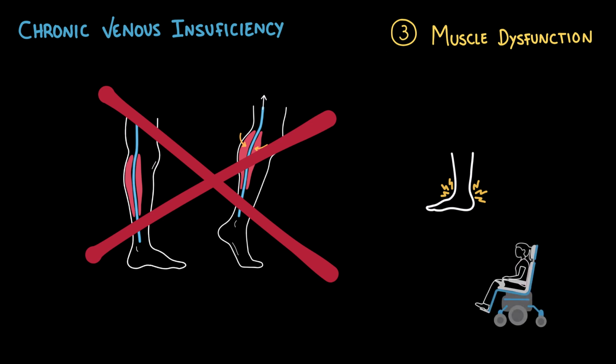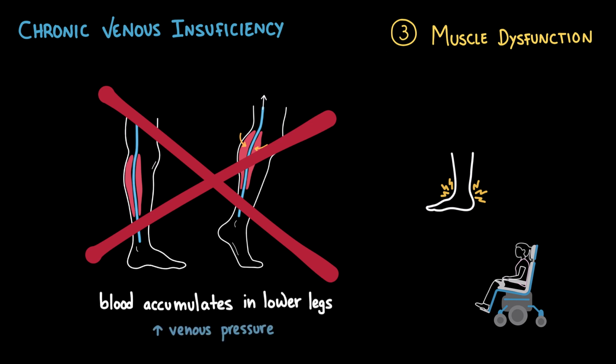Without effective muscle contractions, the veins don't get that extra push they need. So blood starts to pool in the lower legs, increasing venous pressure and swelling. In other words, even if the valves are still working fine, a weak or inactive muscle pump can still lead to chronic venous insufficiency.